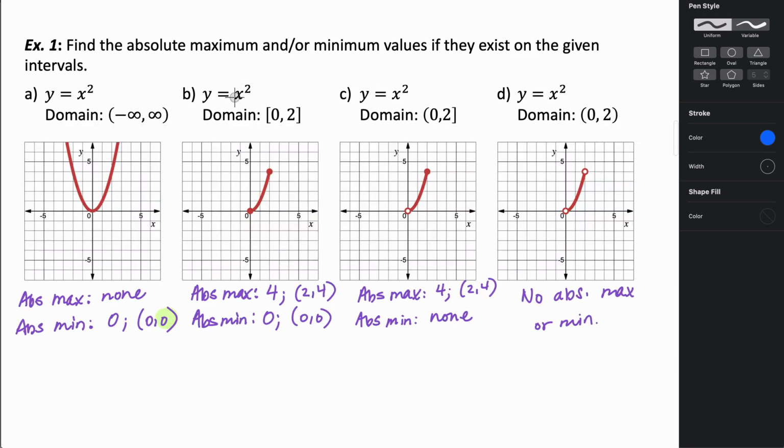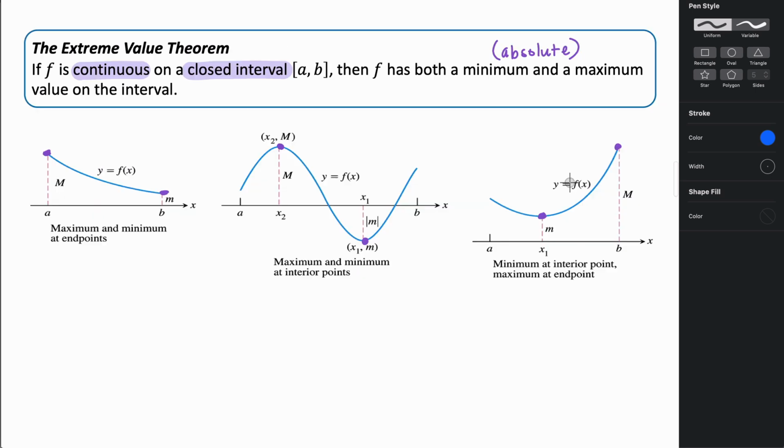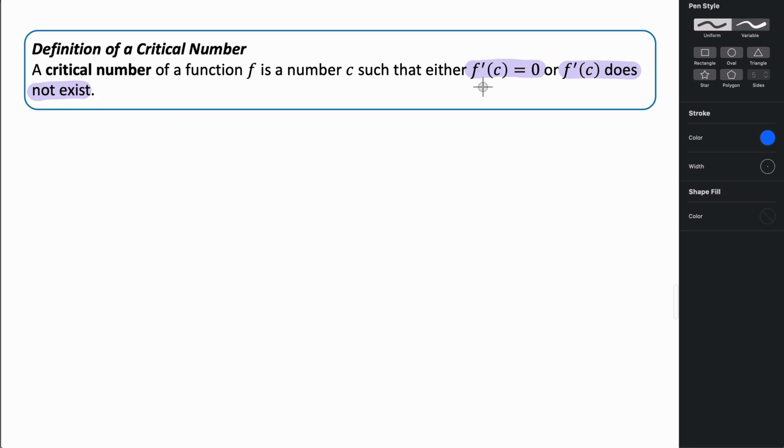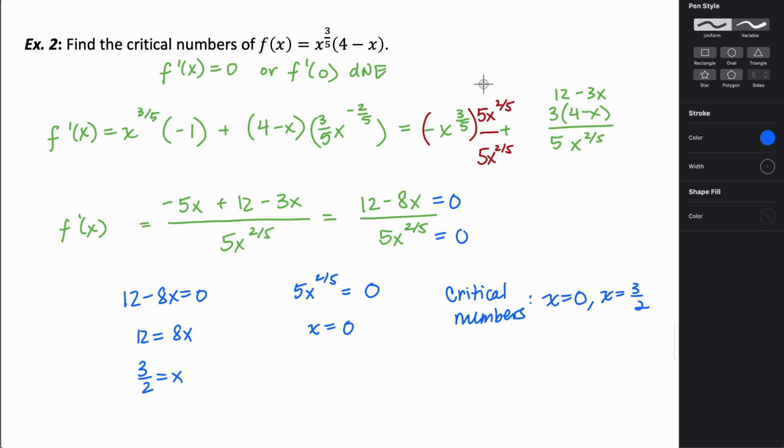Kind of like we saw in this here. We can't have a minimum or a maximum if our function is not defined there. In order for this to be true, the derivative must exist there, which means it has to be continuous and it has to be defined there. So our function has to be defined at the value in order for an extremum to exist.